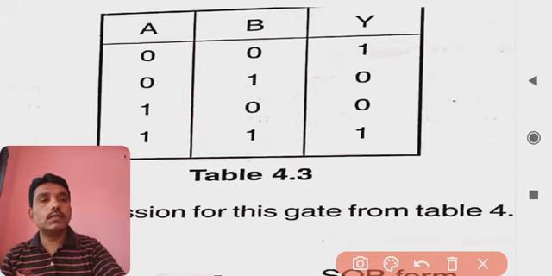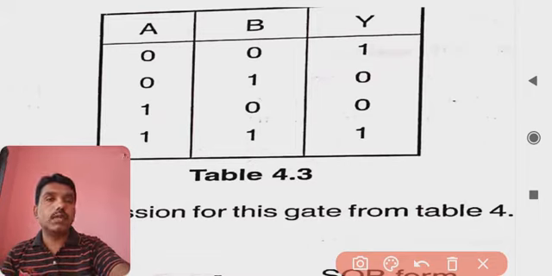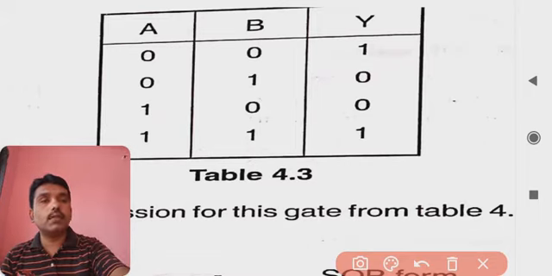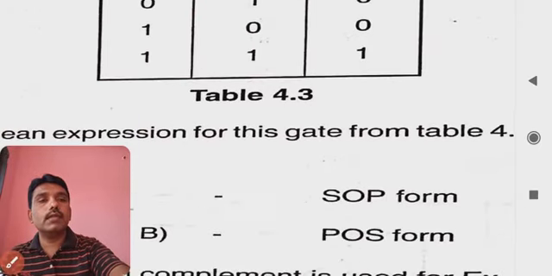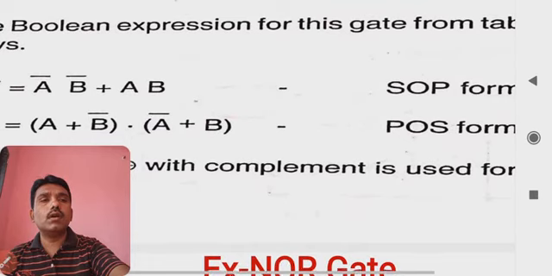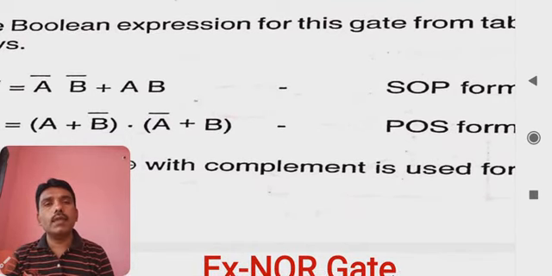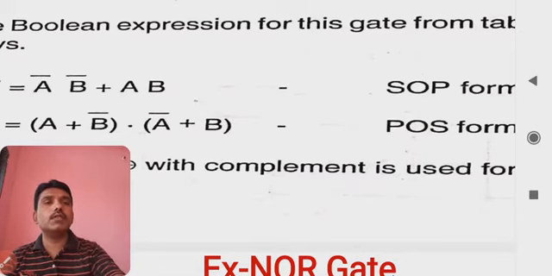So let's have a look at how it matches the circuitry. It can again be given in SOP and POS form, which we will see in detail later, the sum of products or the product of sums. According to that, these are the Boolean expressions for these gates.